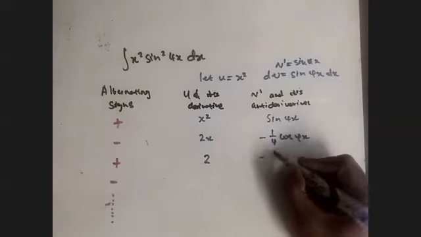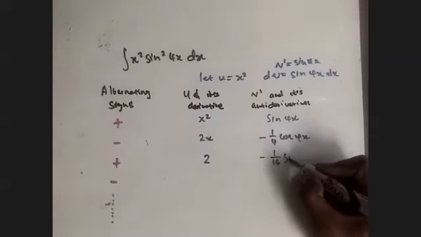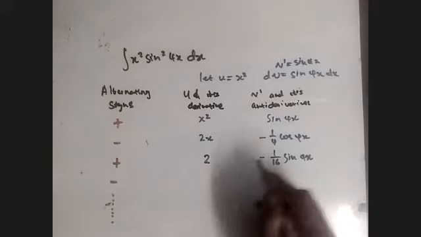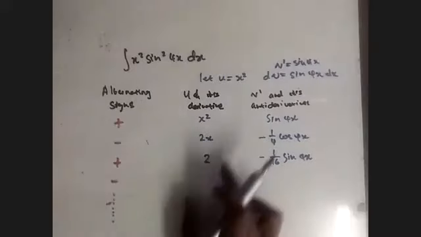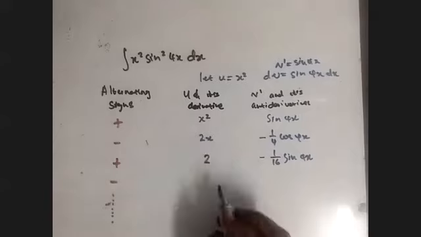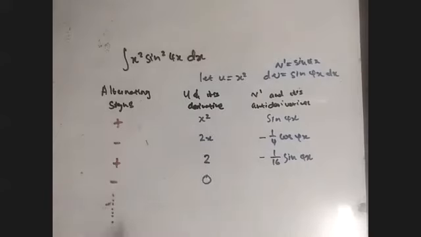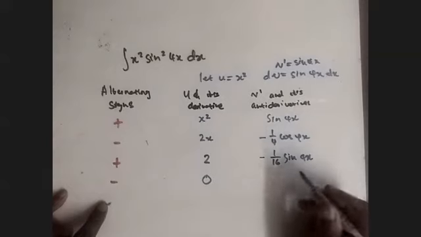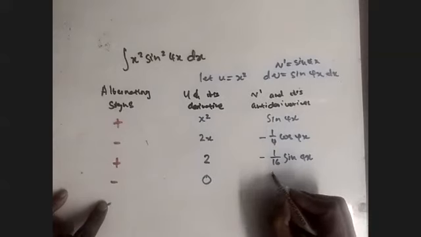It's just negative 1/16 sine 4x. This is integration, and this is differentiation. What is the derivative of 2? It's just 0. So we stop here in this case. And then what is the integral of this?